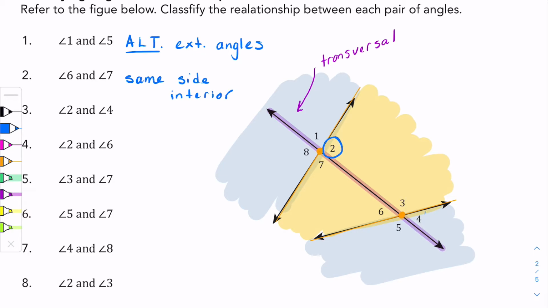Angle 2 and angle 4. Those are both below the lines I have highlighted in orange, and they are both to the right side of the transversal. That means they have to be corresponding angles because they are in the same location with respect to the transversal.